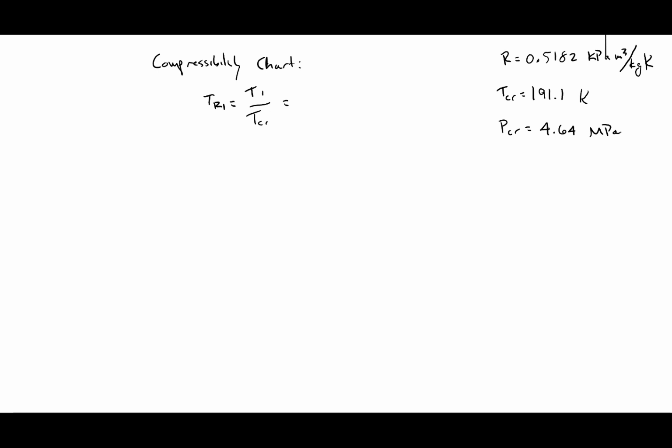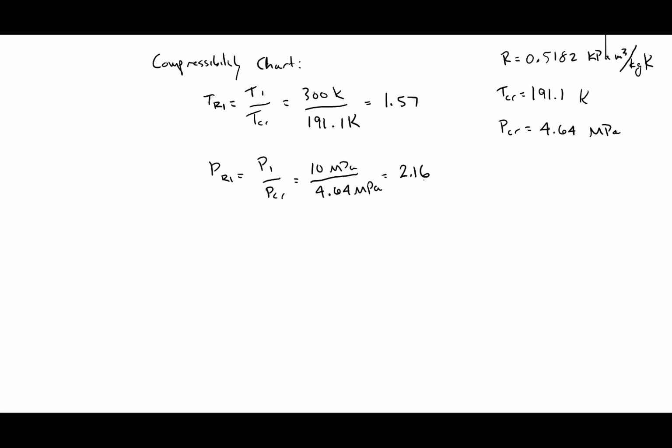The reduced temperature at state 1 is equal to 300 Kelvin, because T1 is 300 Kelvin, divided by the critical temperature, which is 191.1 Kelvin. So this is equal to 1.57. The reduced pressure at state 1 is equal to P1 over P critical, which is 10 megapascals over 4.64 megapascals, which is equal to 2.16.